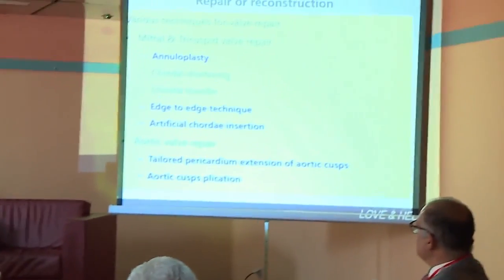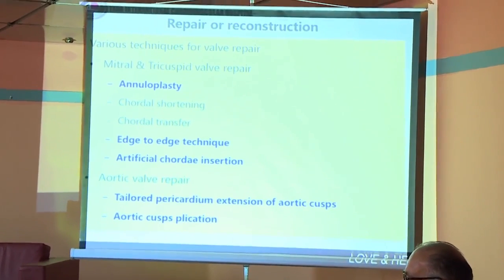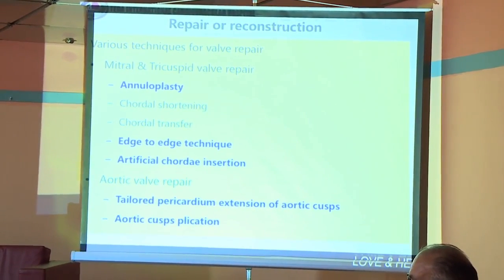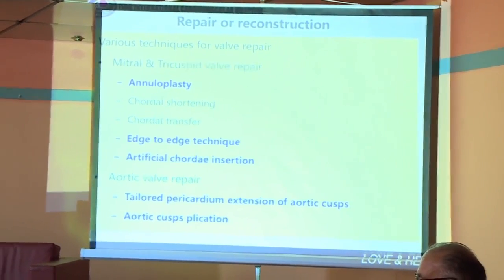The techniques to repair or reconstruct the children's valve are shown in this slide. For mitral and tricuspid valve repair, the techniques mainly used include annuloplasty, chordal shortening or chordal transfer, and the edge-to-edge technique, and here I would present the artificial chordae technique.